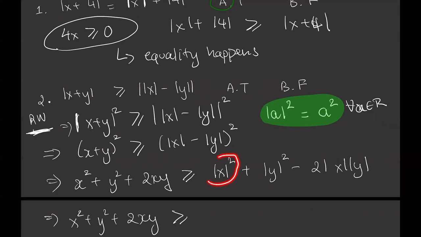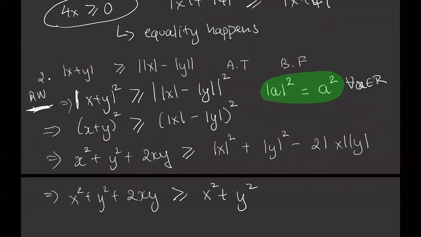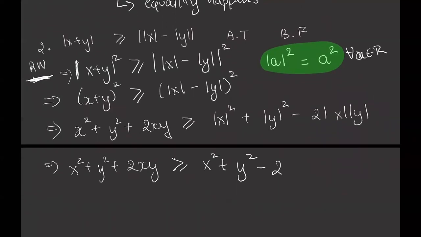But in here, we apply this rule again. And it gives us x squared plus y squared minus 2 times. Okay, there's another rule that we have to use here, which is the absolute value of x times the absolute value of y equals the absolute value of xy. And this one is true for all real numbers x and y.